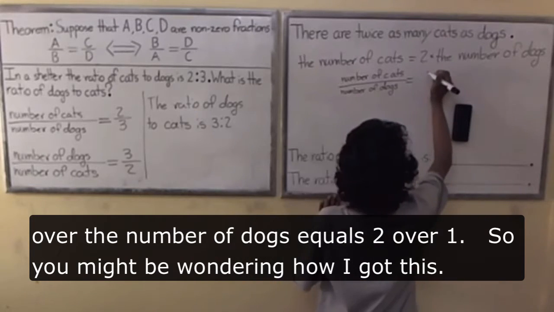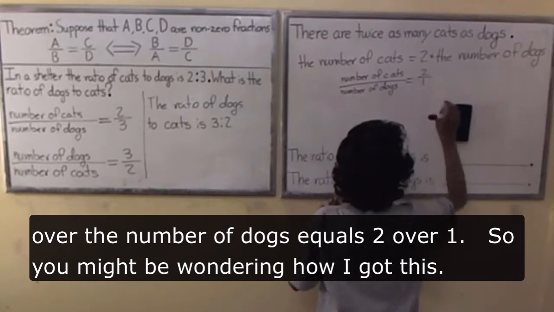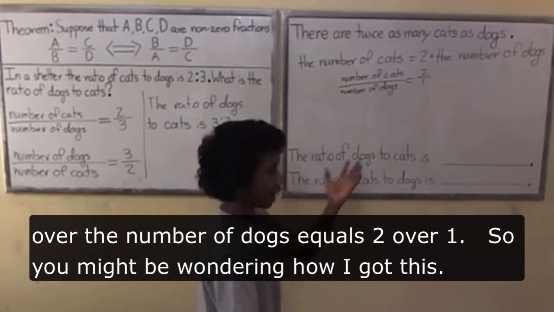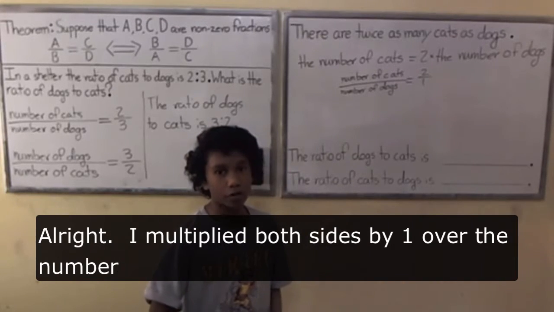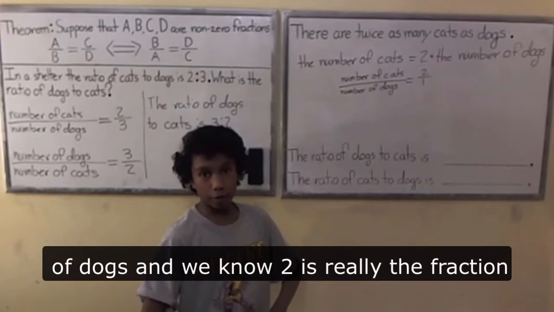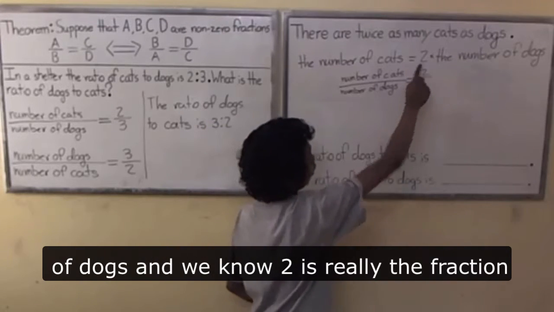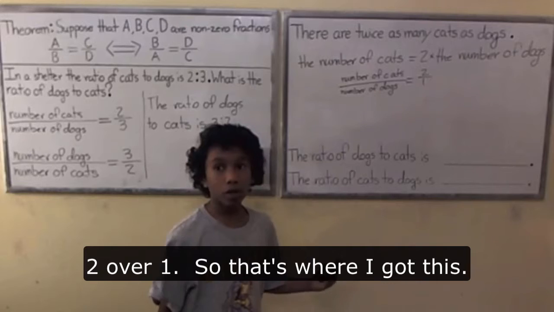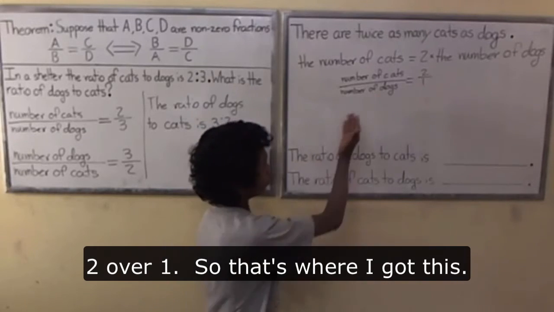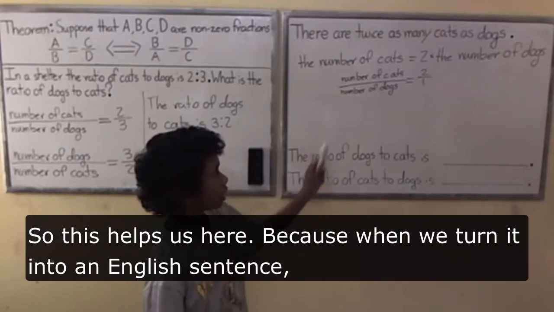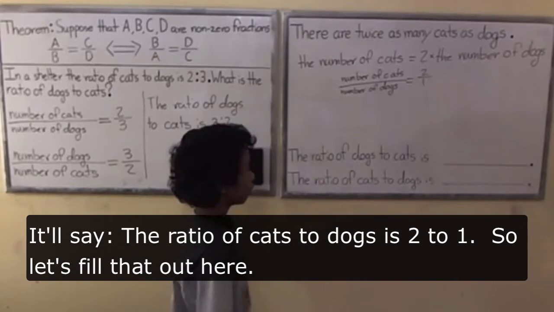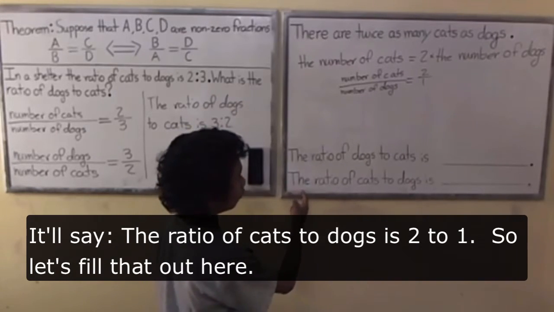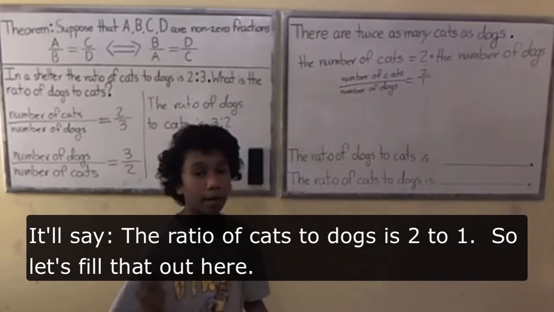equals 2 over 1. So you might be wondering how I got this. I multiplied both sides by 1 over the number of dogs, and we know 2 is really the fraction 2 over 1. So that's where I got this. So this helps us here, because when we turn it into an English sentence, it'll say the ratio of cats to dogs is 2 to 1.